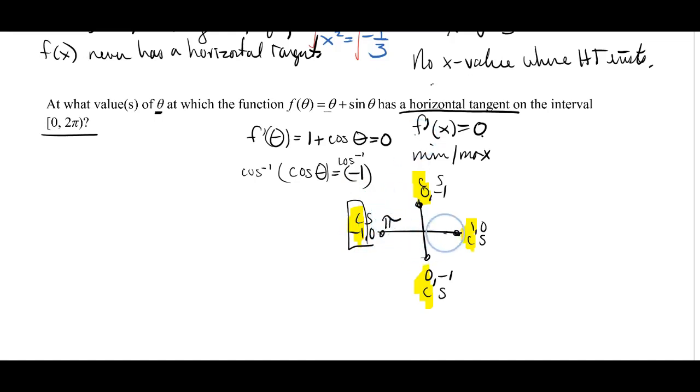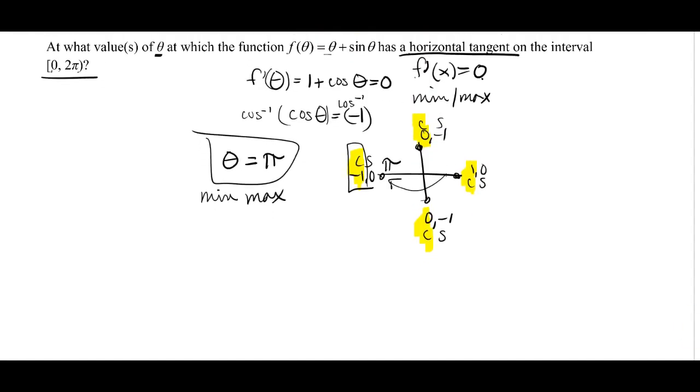Now, I could also call that at negative pi, but we specifically asked for values between 0 and 2 pi. So the inverse cosine undoes the cosine here, theta equals, and the inverse cosine of negative 1 is pi. So at theta equals pi, my function has a horizontal tangent and may have either a minimum or a maximum. And that is it. We're finished.